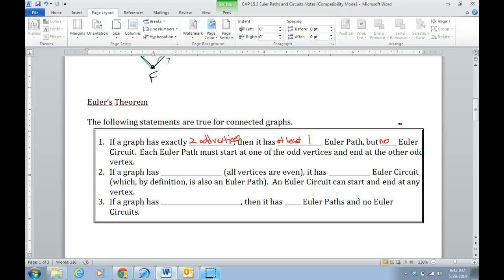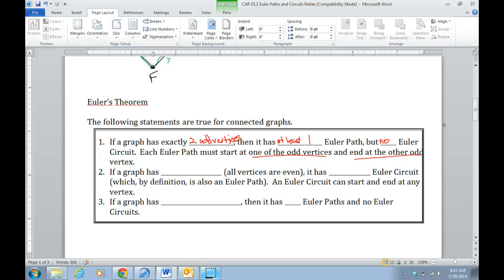Each Euler path must start at one of the odd vertices and end at the other odd vertex. So that's going to give you a big clue when you're trying to come up with your Euler path. You've got to start at one of the odd ones and end at the other. An odd vertex is a vertex with an odd number of edges.